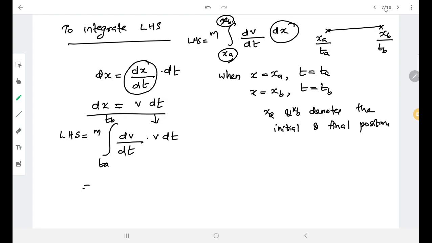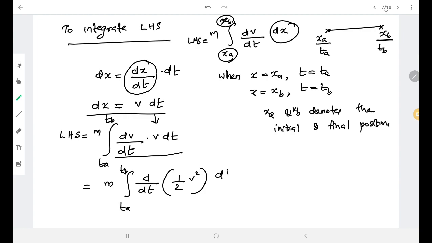Here we can again do a simplification. What is dv/dt dot v dt? It can be written as the derivative of half v square, dt. So just differentiate this. What is d/dt of half v square?